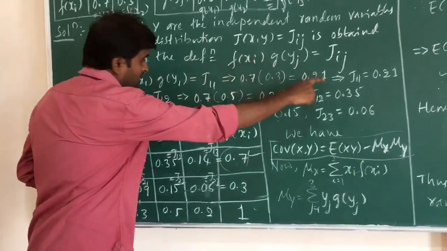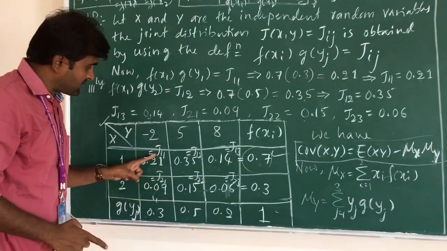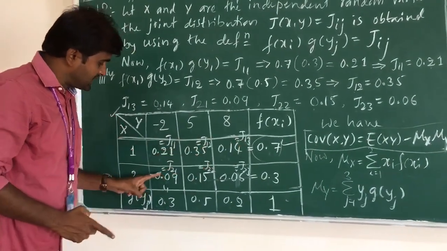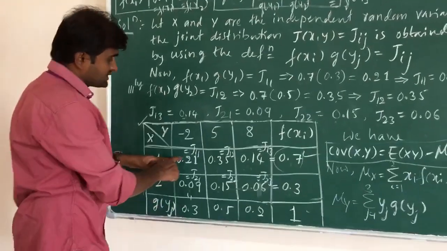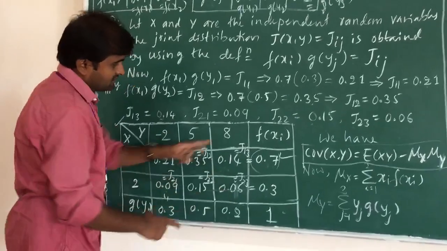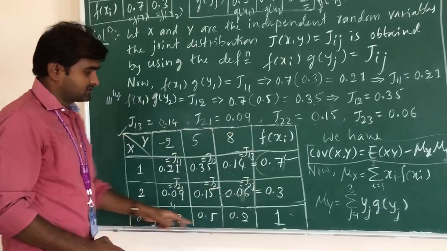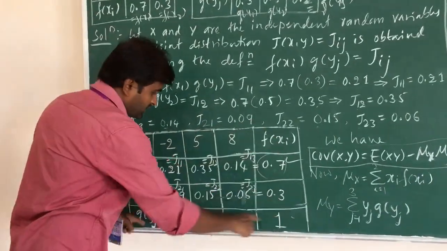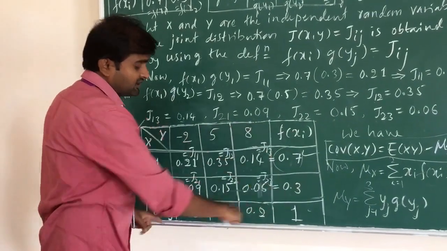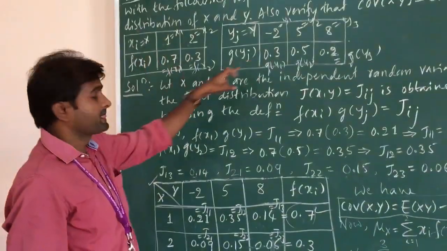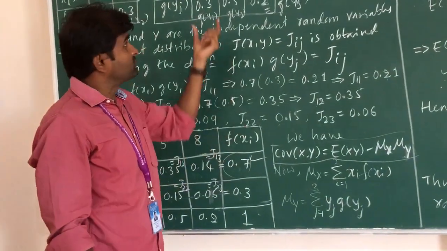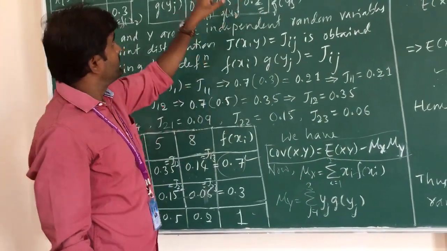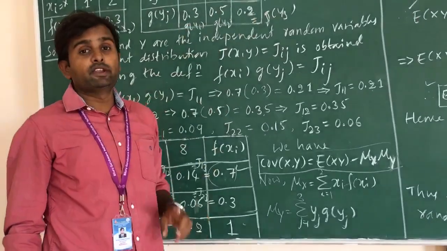I am replacing all these values in the table: J11, J12, J13, J21, J22, J23. These are the obtained values, and the boundary rows and columns are the given values.